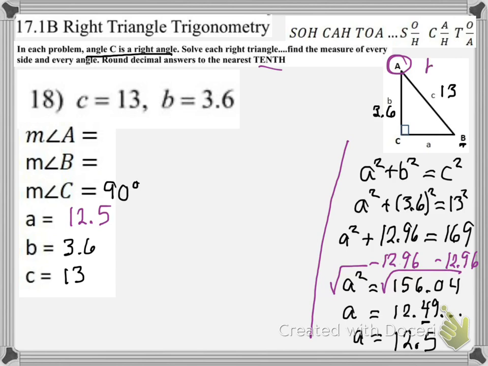But I do know my hypotenuse, and side b is touching, but not the hypotenuse, so this is my adjacent side. My 3.6 is adjacent to A, and c is my hypotenuse, which uses adjacent and hypotenuse. Looks like I'm going to have to use cosine.